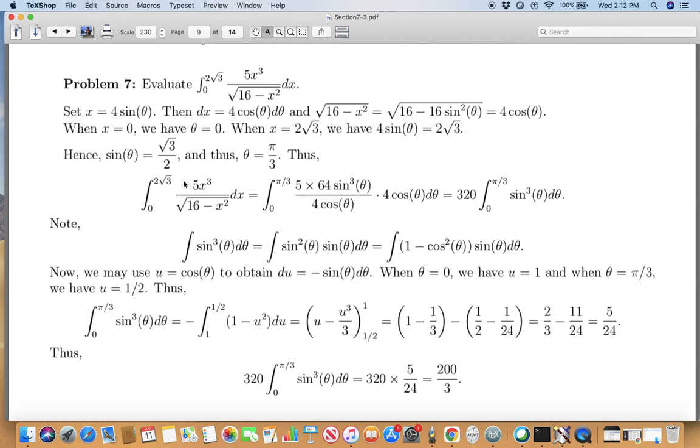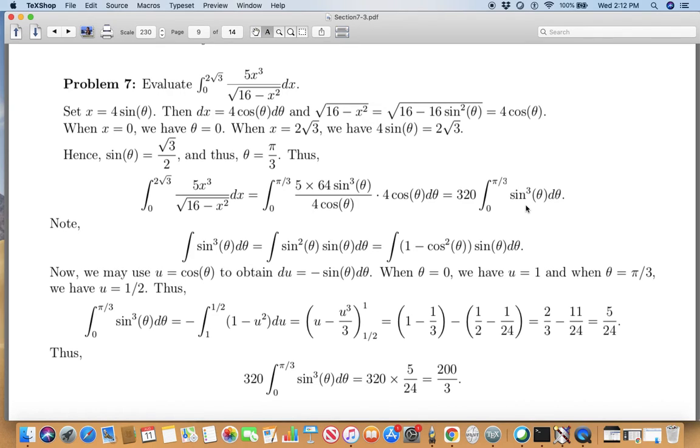So this integral is from 0 to pi over 3, 5 times x cubed, over the radical expression which we calculated, dx is 4 cosine theta d theta. So notice they cancel. 5 times 64 is 320, and you have your integral.